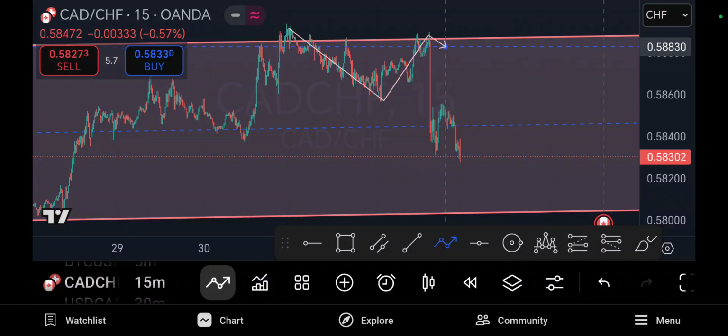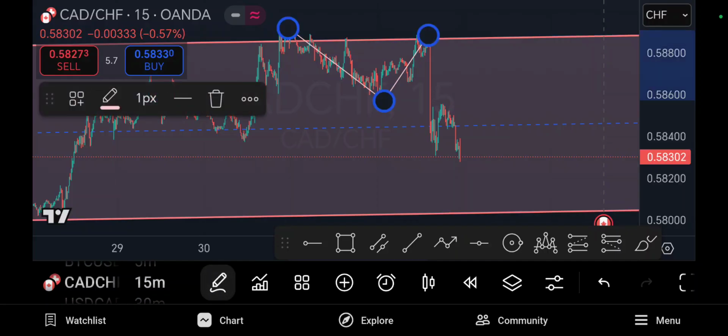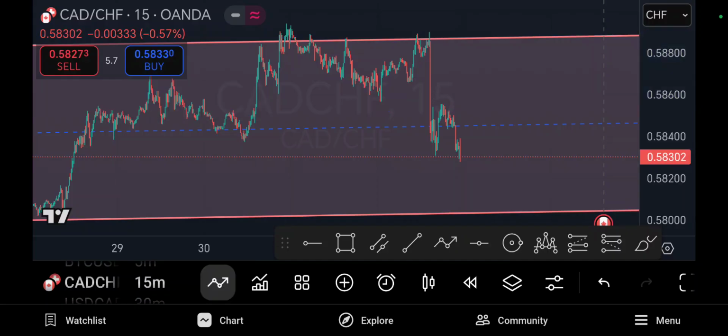This is an area here, so it's respecting this area here. You see, it came from the bottom side, came retraced. You see what I'm saying? Corrections, it does the corrections to the downside, it goes up.